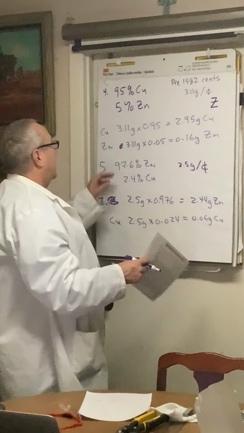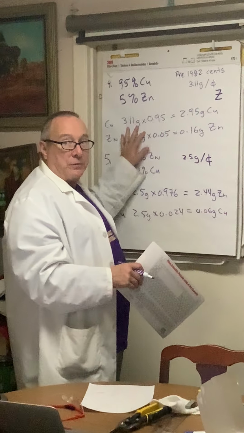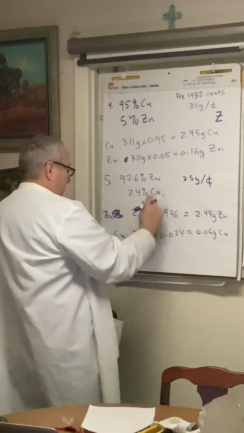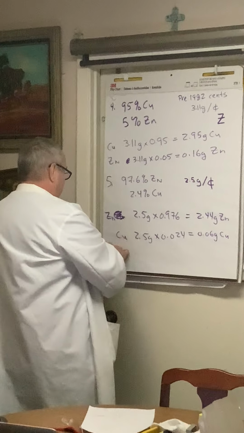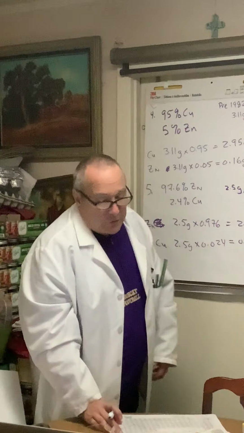So if you have more copper, you're going to weigh more. The mass of copper present is going to be greater, and the mass of the coin is going to be greater.